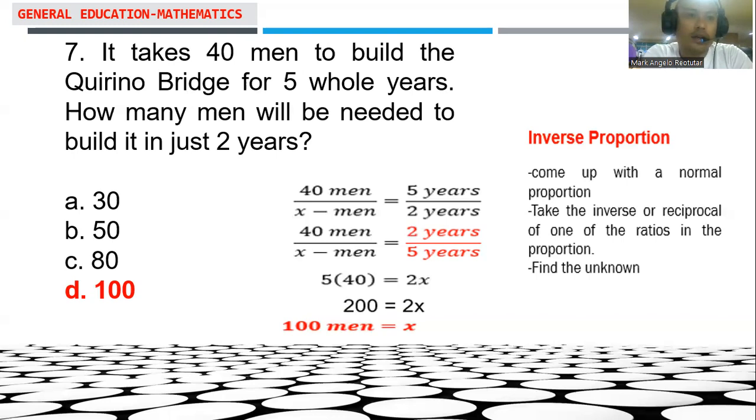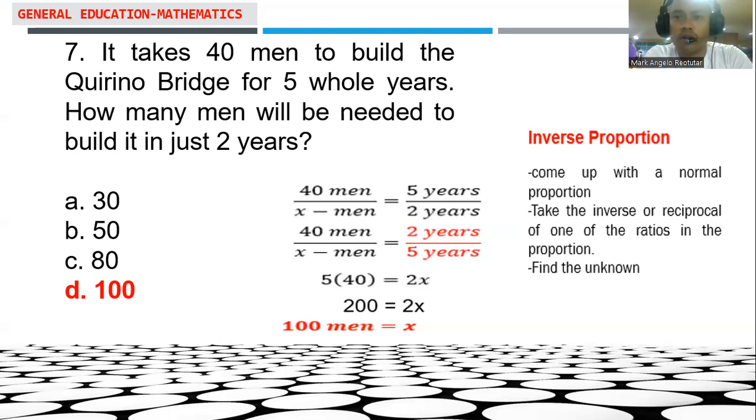So considering this item, it takes 40 men to build the Quirino Bridge for 5 full years. How many men will be needed to build it in just 2 years? So if you will be solving this problem applying an original or a normal proportion, the answer will be illogical or impractical. Why?